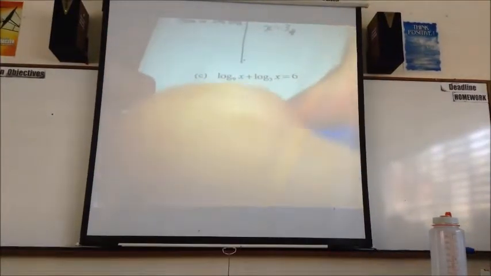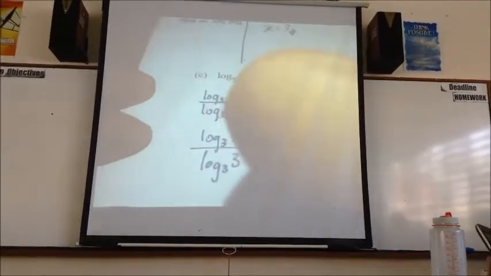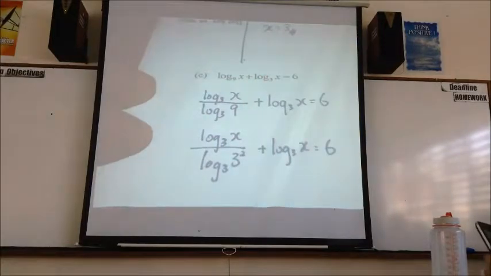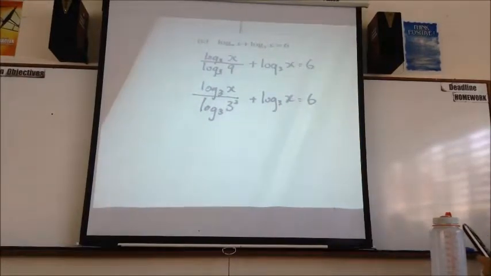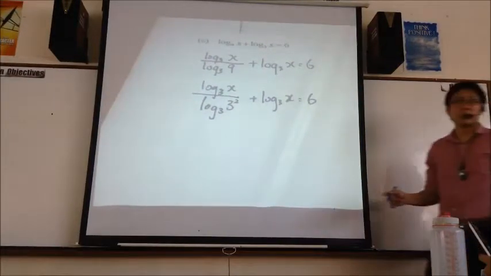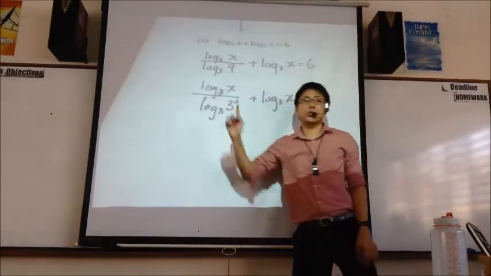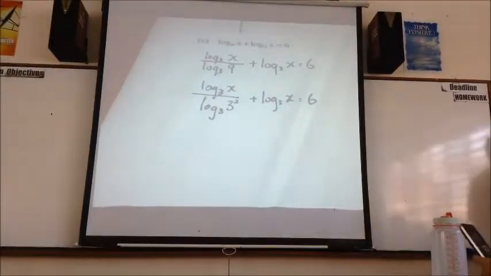So I have x, 3x. This is log 3 squared. After that, what can I do? Can the 2 come down? And after my 2 comes down, log 3 becomes 1. So then I write log x, log 3x, log base 3x.